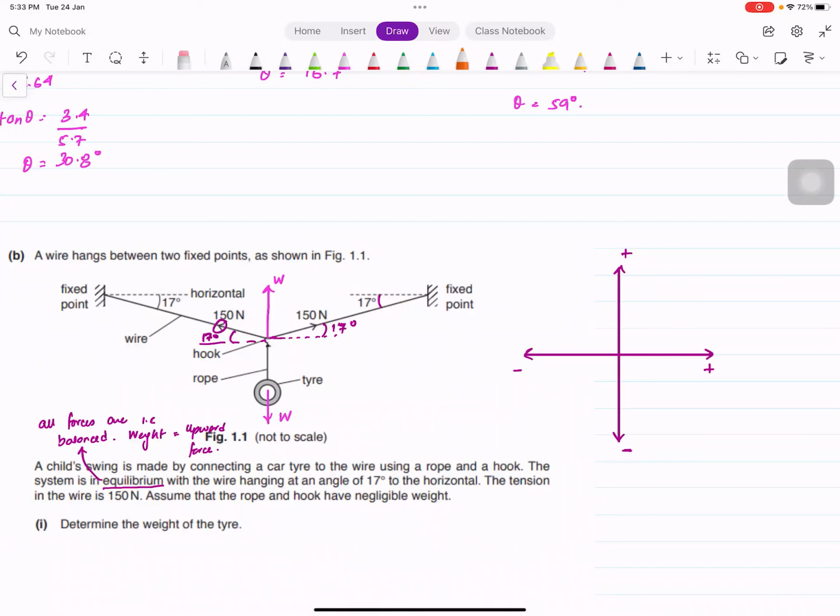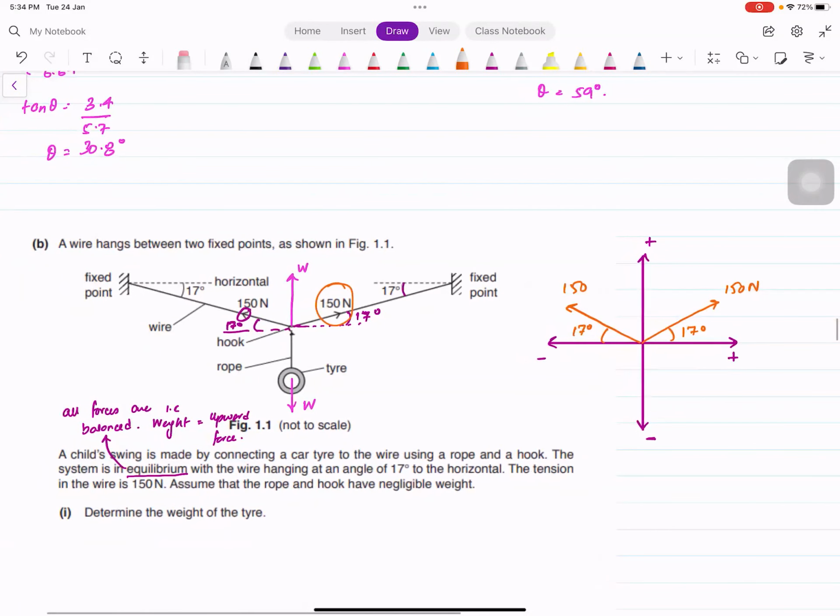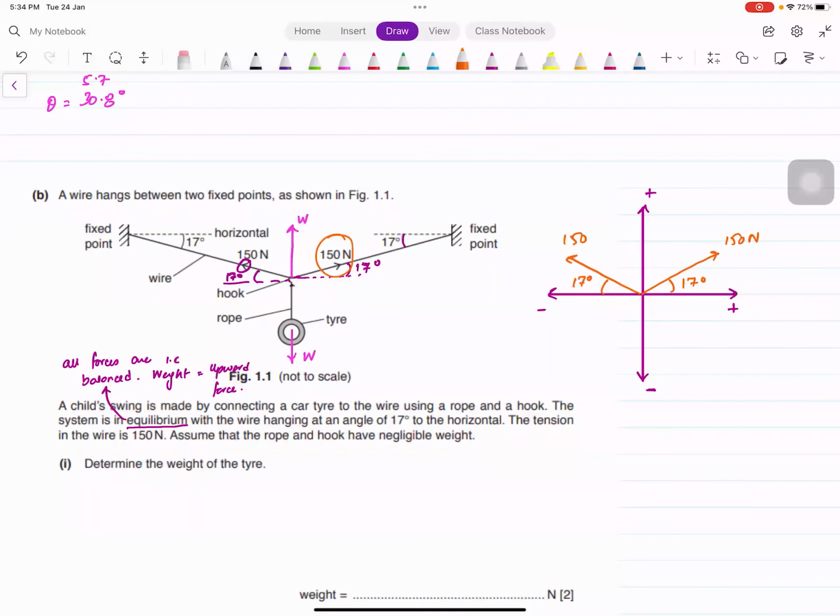One vector is like this, which is of 150 newtons, and it is at 17 degrees from the horizontal, and the other vector is like this, which is also 150 newtons, and it is also 17 degrees from here. Now, this helps us quickly see where the components are going to be.